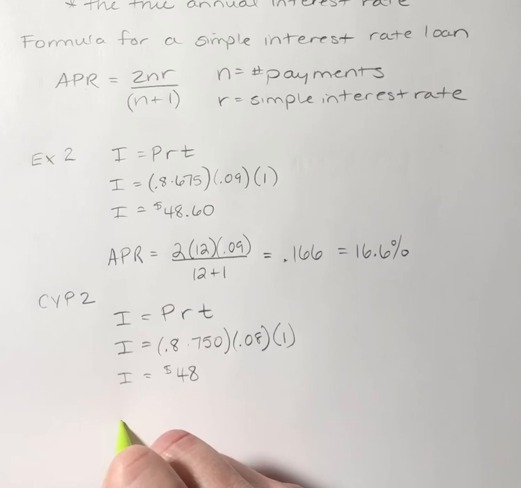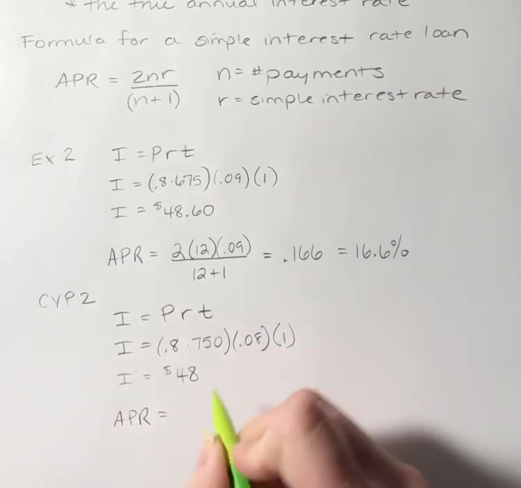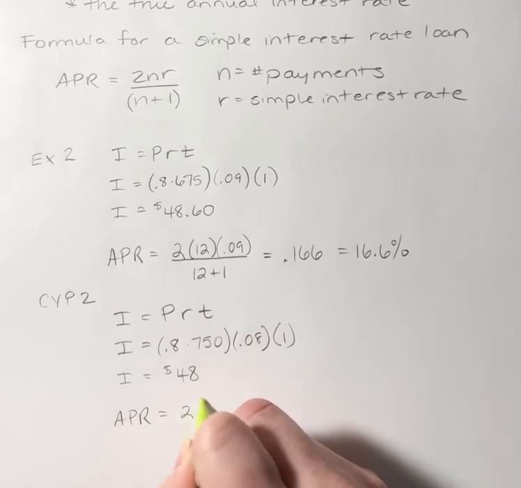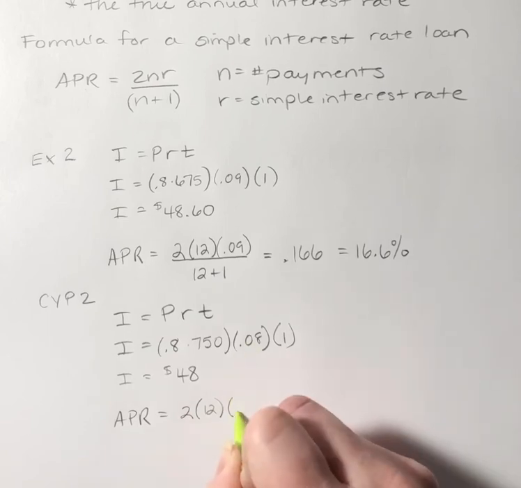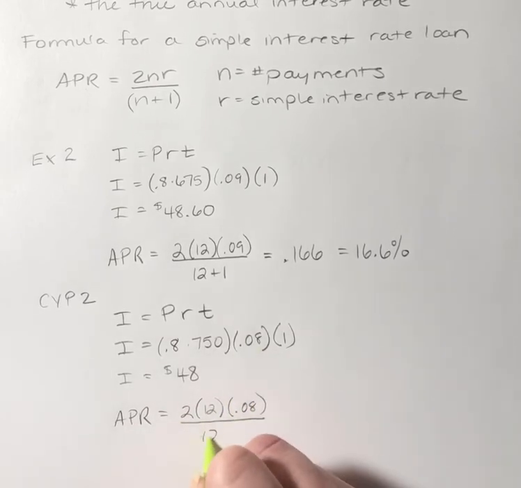And then it says, estimate the annual percentage rate. So I take 2 times the number of payments, which is 12, times the simple interest rate, which is 0.08, divided by 12 plus 1.